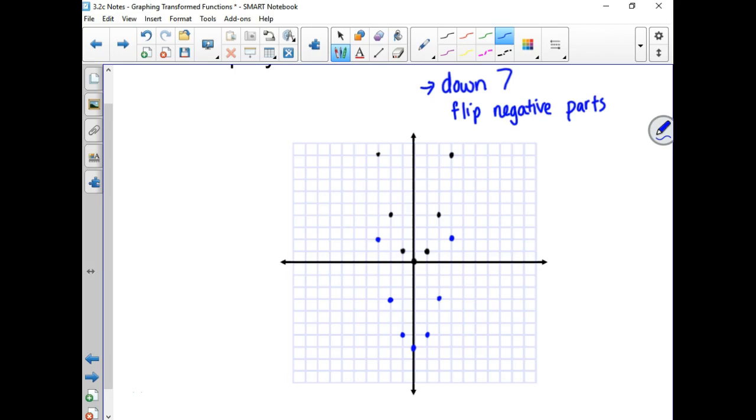Now, I normally do not draw the lines in until I'm finished with the graph, but this is an exception here because I think it's a little bit difficult to see what's going to happen unless you have the lines. So this is not my answer yet, but I am going to draw in the line.